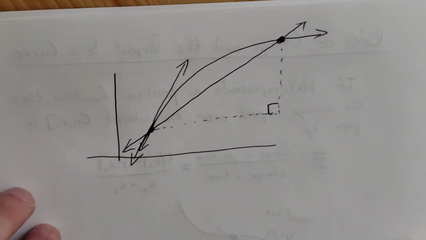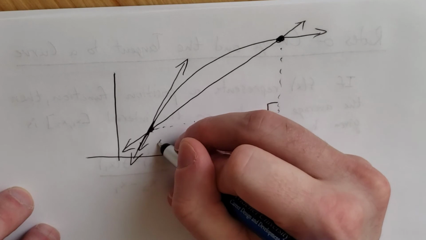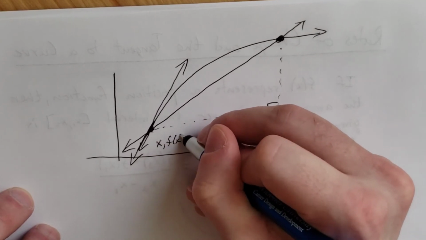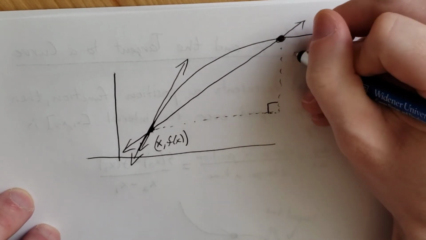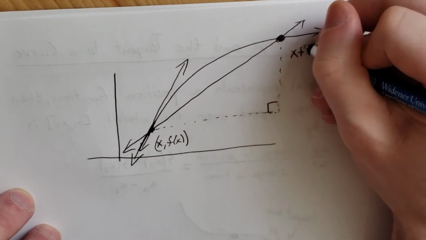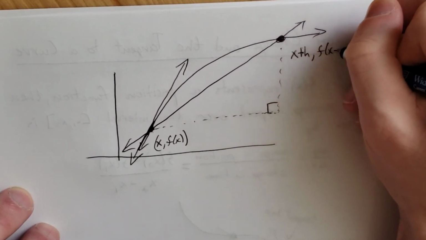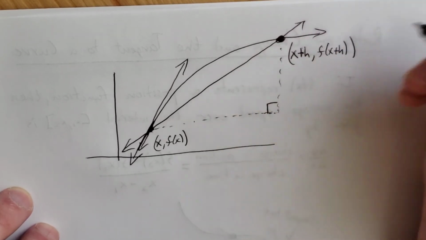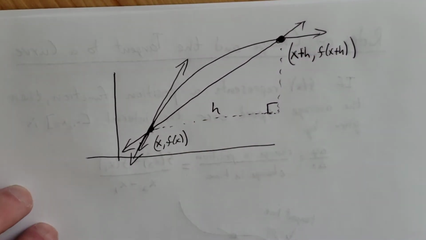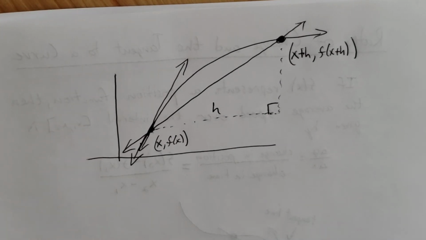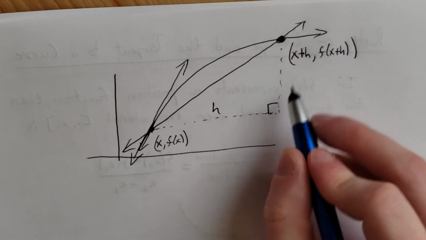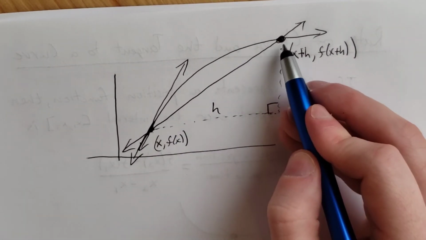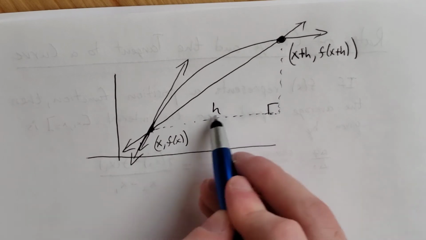We recognize that if we call this point x comma f of x, and if we call this point x plus h comma f of x plus h, where h is just our horizontal change here, which is equal to, if this was x2 and x1, x2 minus x1, this change h.